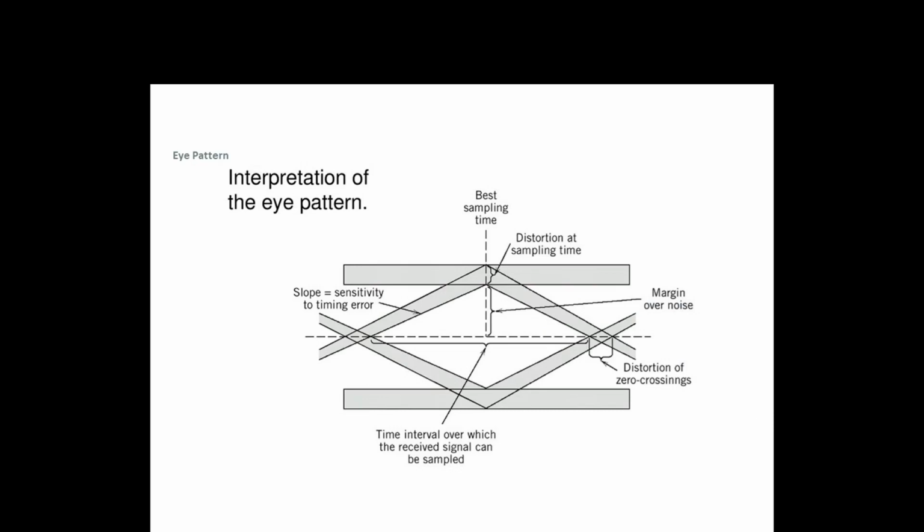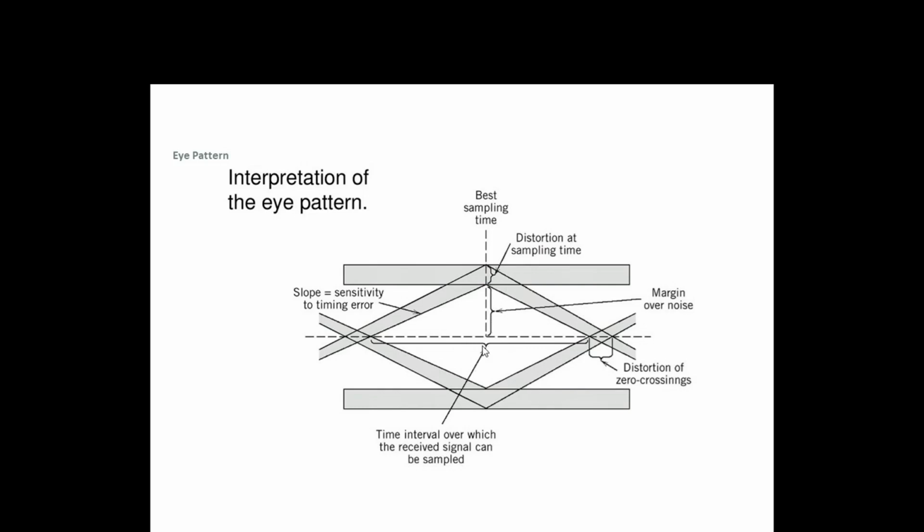By seeing this eye pattern, we can come to some conclusions. The x-axis will tell you the best sampling time. Then the margin over noise we can find out from this length. This is our best sampling time.